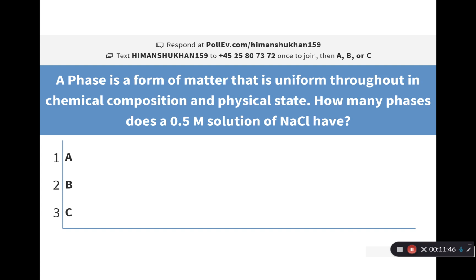Does it have one phase, two phases, or three phases? The answer is it is a single phase, because anywhere in this solution, if you measure the composition, it will be equal to 0.5 molar. And anywhere in this solution, you will have the same physical liquid state.